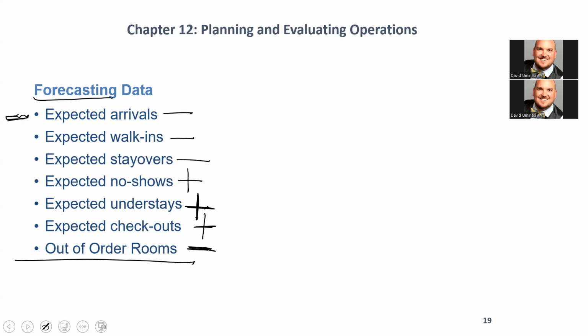So let's say we have 500 rooms in our hotel. Give me some numbers. Brianne, give me a number between 25 and 150. 89? Okay.